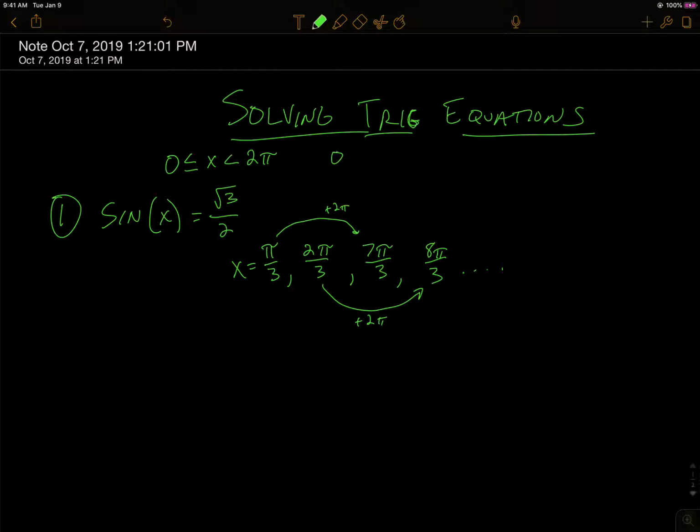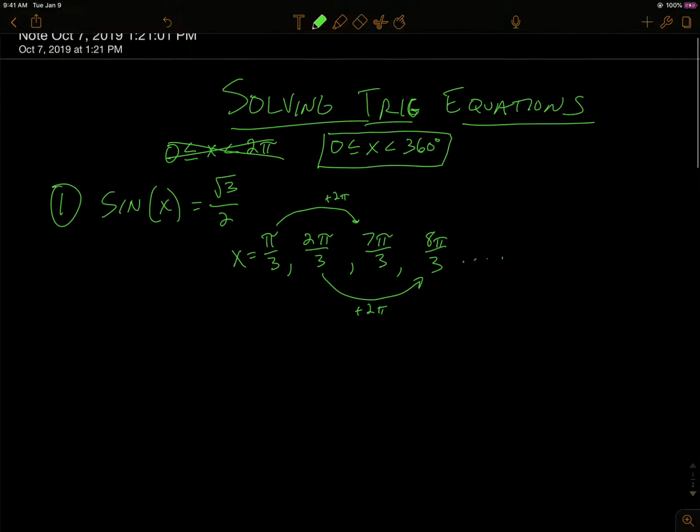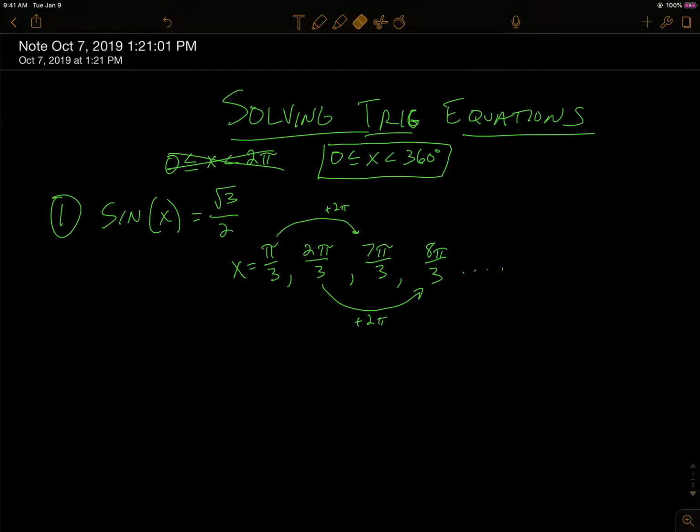That'll tell you that they want it in radians. Or it might say between 0 and 360 degrees. We'll stick with degrees for the rest of this exercise, not radians. I did this one in radians, so the answer on that interval would just be these two. We don't add 2 pi because it'll go outside of our interval.